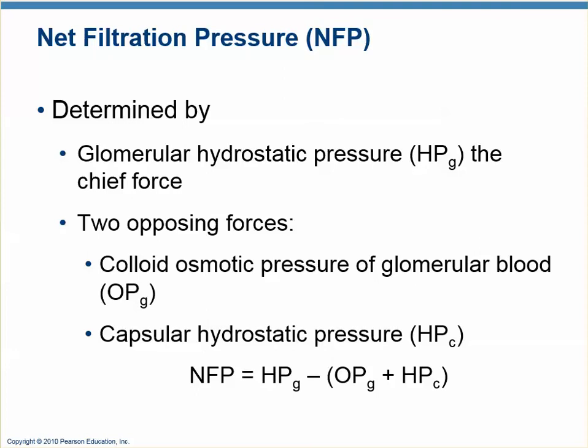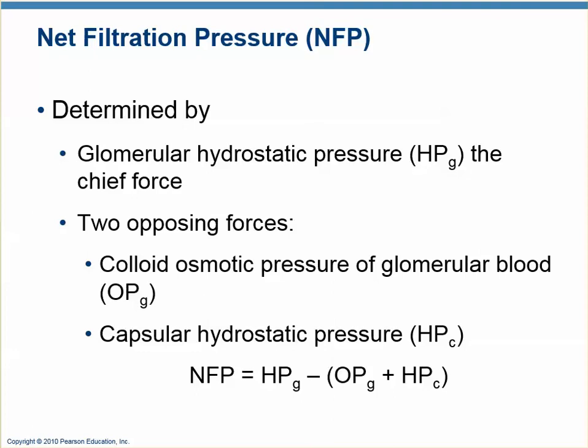What opposes that is the colloidal osmotic pressure, sucking liquid back by osmosis into the capillaries, and the capsular hydrostatic pressure, which is really how much filtrate is in the capsule.